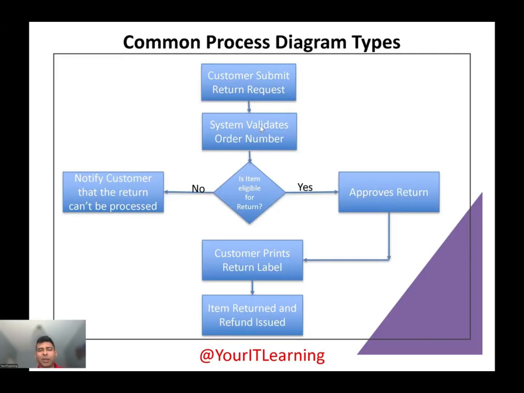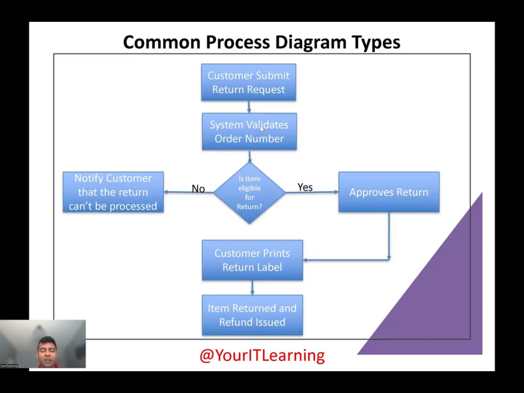So here's an example of that same thing we discussed in the previous slide, as an example of Amazon return. Customer submits return request, system validates order number, if the item is eligible for return. If it's no, then we notify the customer on the screen and we also send an email that the return can't be processed.